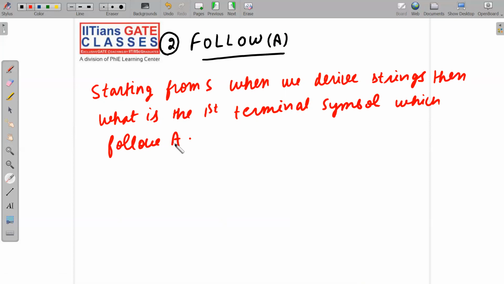After A, whatever terminal symbol is following, or whatever terminal symbol is present after A, that will be the follow of A.